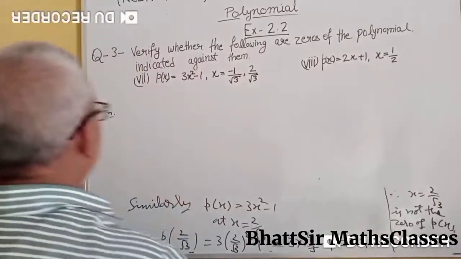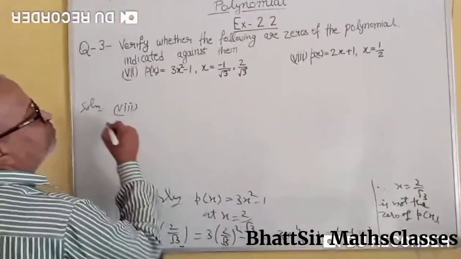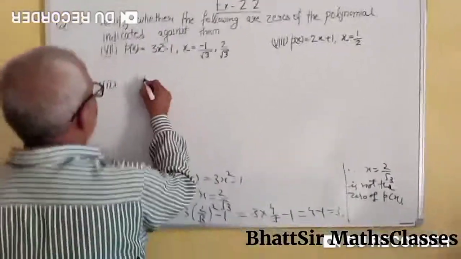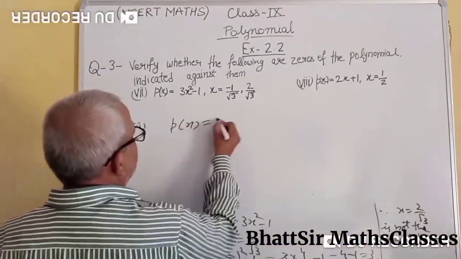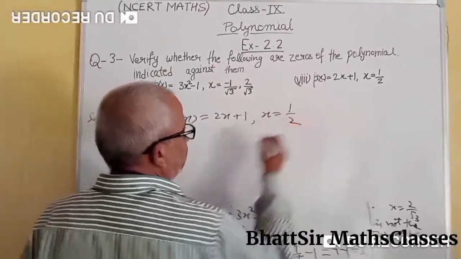Now I am attending the 8th part of question number 3. P(x) equal to 2x plus 1 at x equal to 1 by 2.